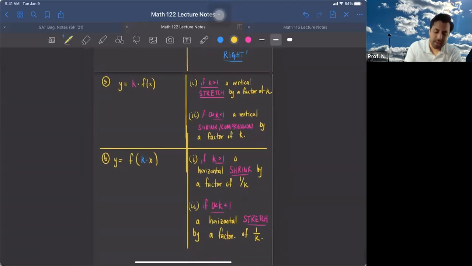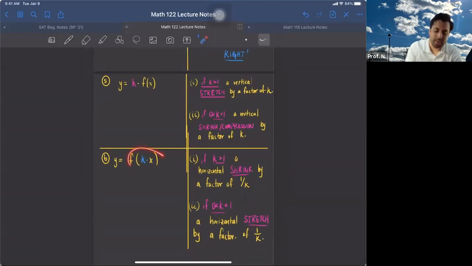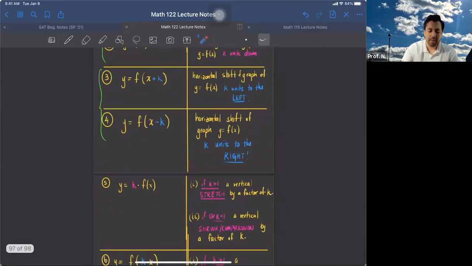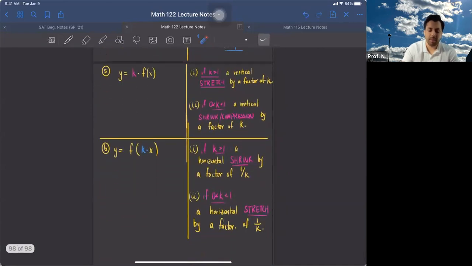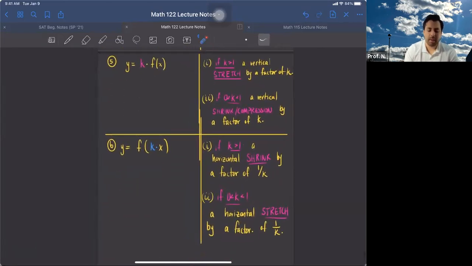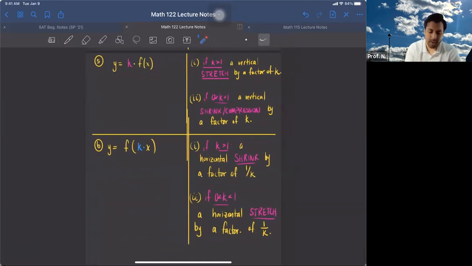This is always the more difficult one to deal with, the horizontal stretch or compression. Does everybody follow me with this, especially with these two here? Are there any questions about this?